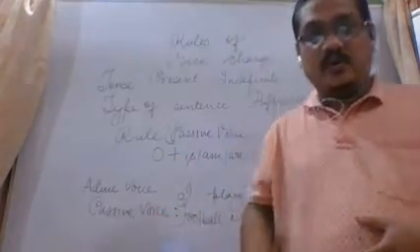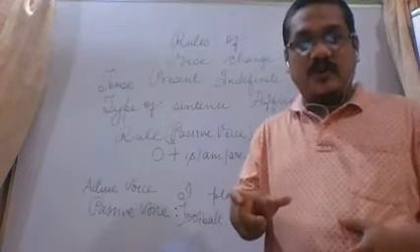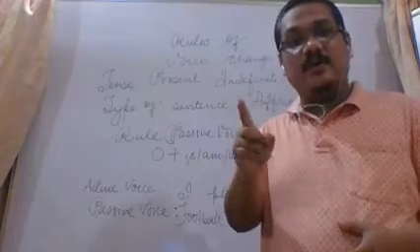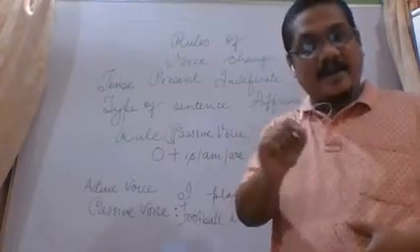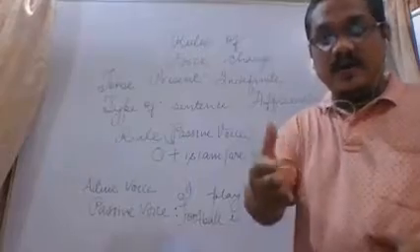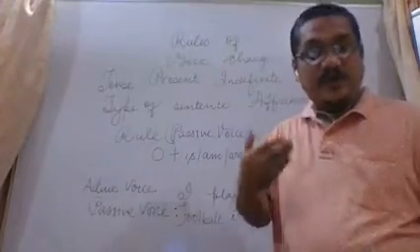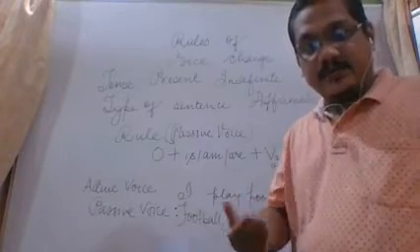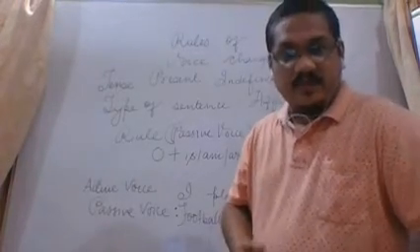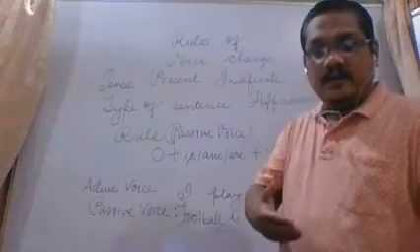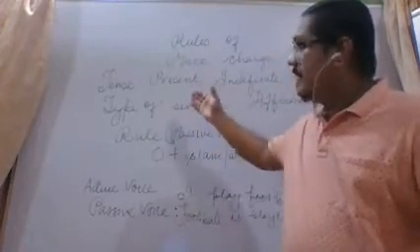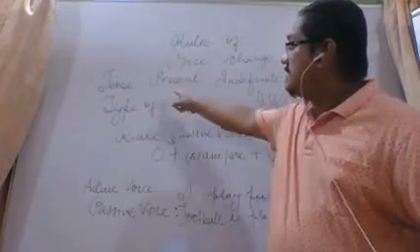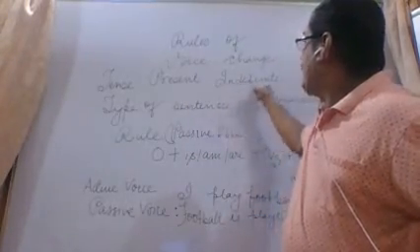Okay, it's all right. So the basic structure of a sentence is subject plus verb plus object, and that is always in active voice. Now let us see how we can change such sentences into passive voice. Okay, as I told you, I have taken the present indefinite tense.